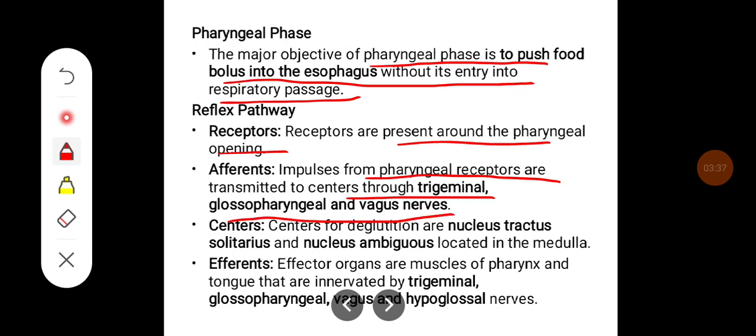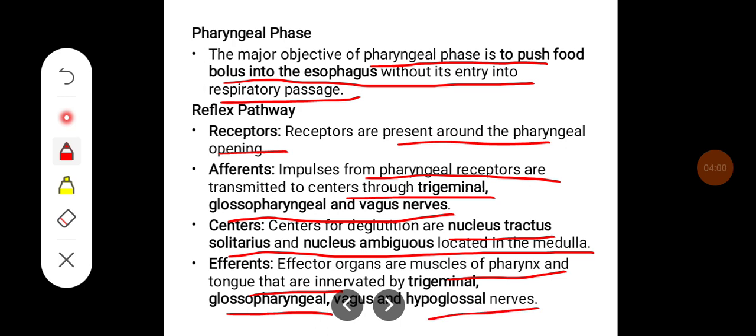The centers for deglutition are nucleus tractus solitarius and nucleus ambiguus, located in the medulla, where nucleus tractus solitarius acts as sensory and nucleus ambiguus acts as motor. The efferent organs are the muscles of the pharynx and the tongue that are innervated by trigeminal, glossopharyngeal, vagus, and hypoglossal nerves.